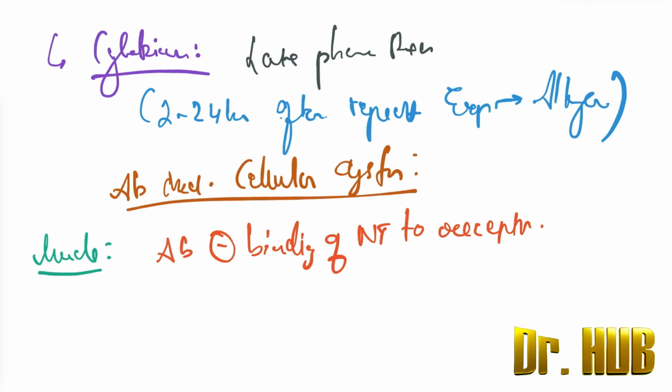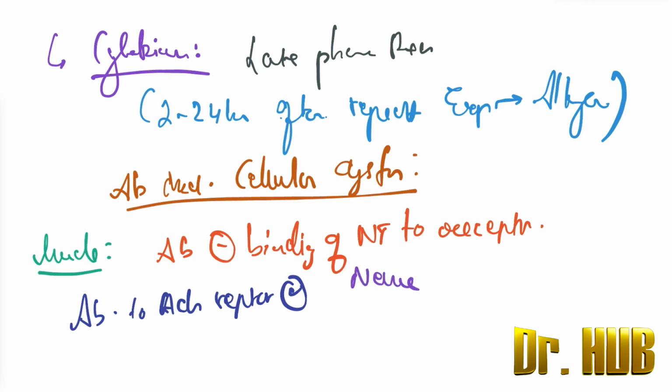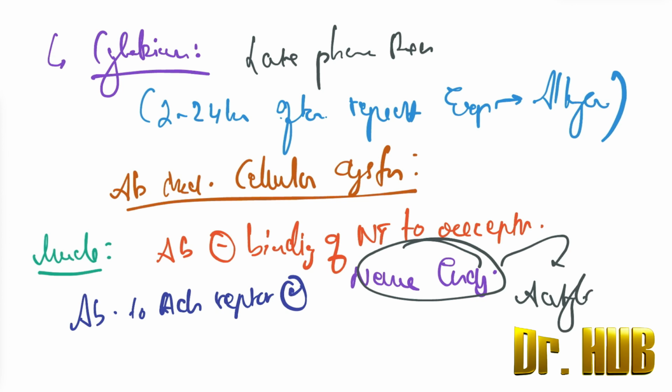So the antibody to the receptor is present. Then comes the presence of the nerve endings, which has the presence of acetylcholine.